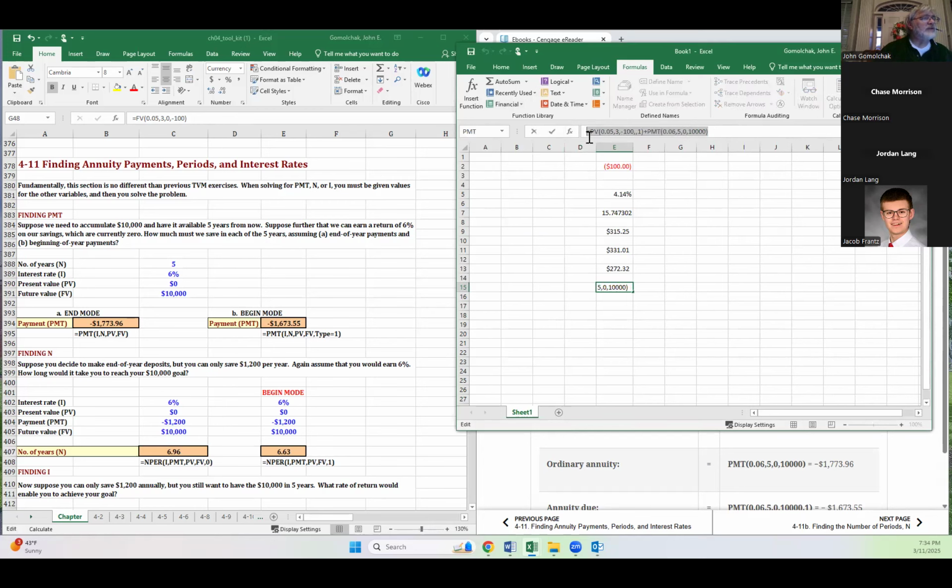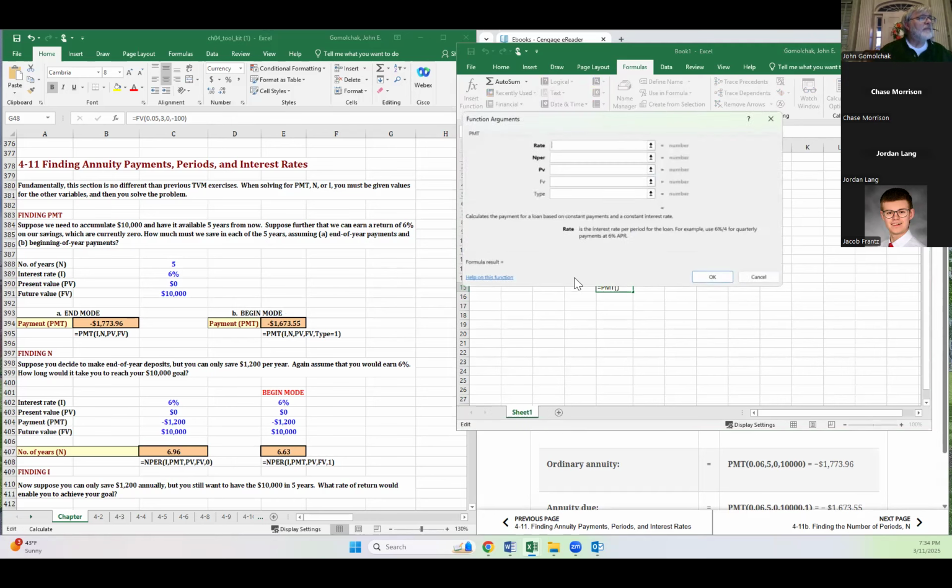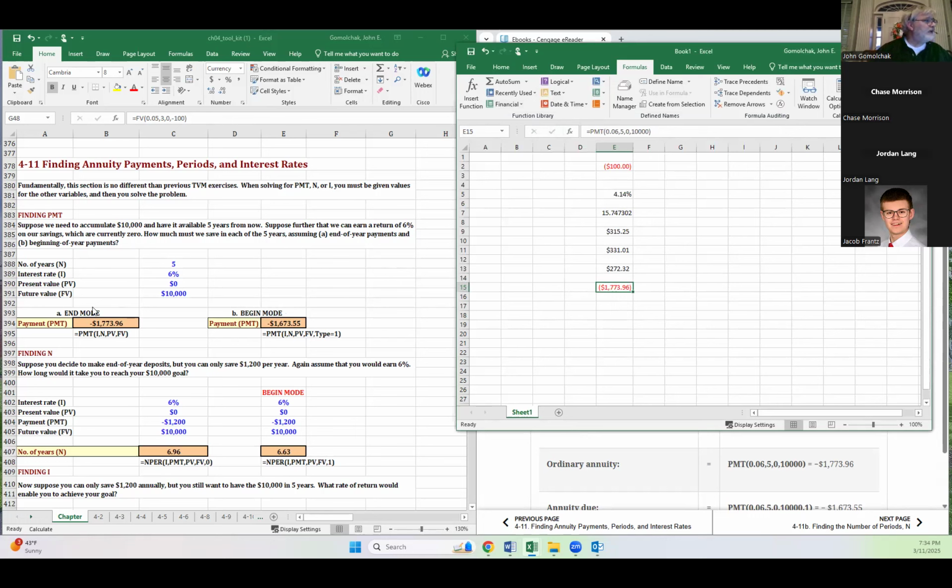Let's clear that out and start over. All right, so payment. Rate of 6. Number of periods 5. Present value 0. Future value of 100,000. Type 0. 17,739.6. Thank you for seeing that.